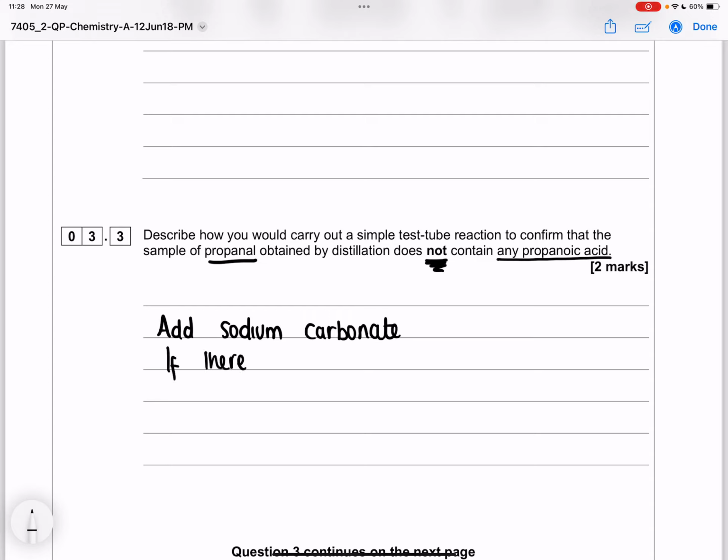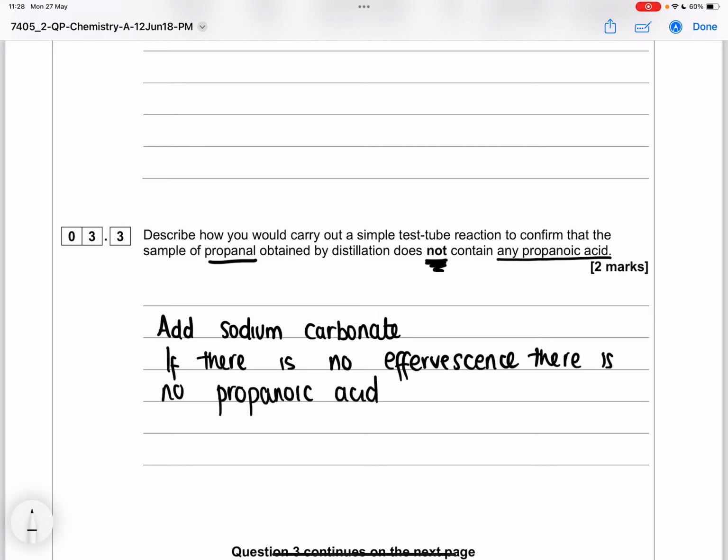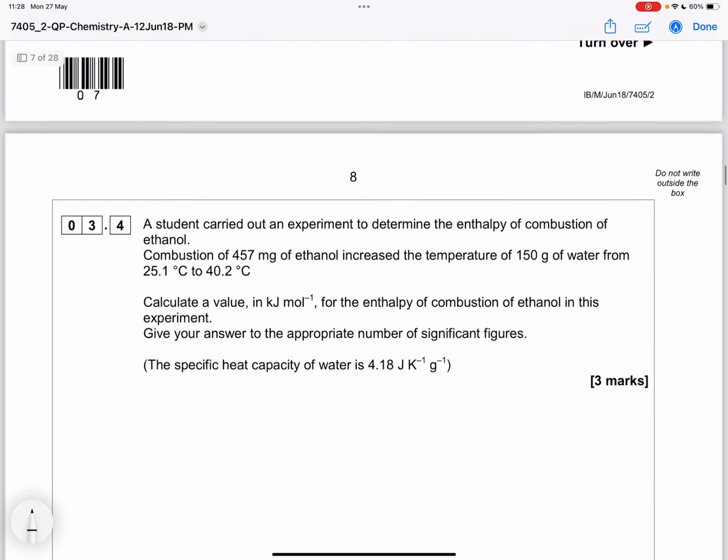If there is no effervescence, there is no propanoic acid. So our question continues on the next page.